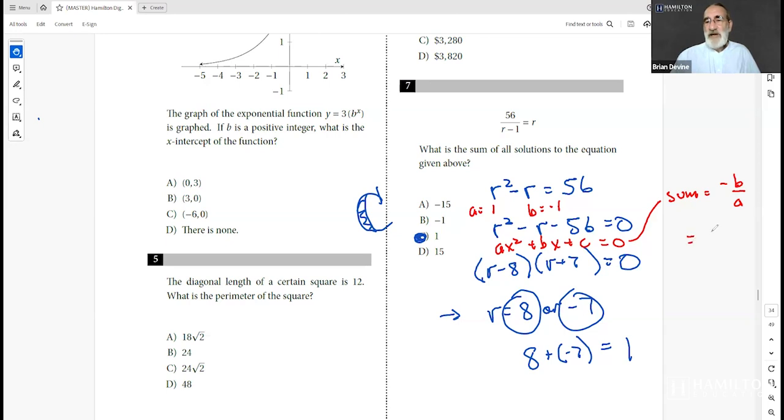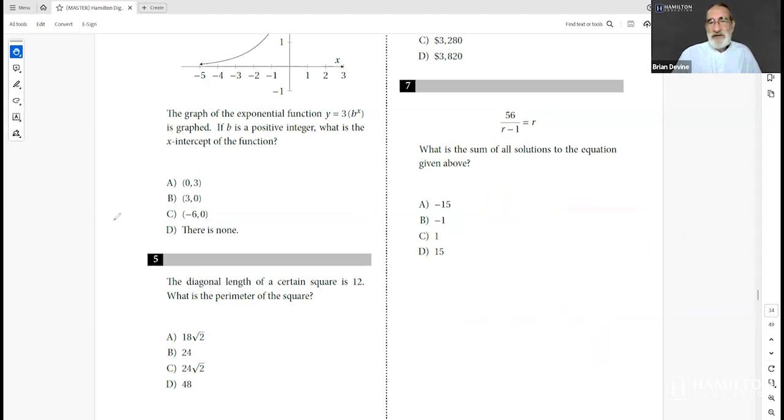And so that would be -(-1) over 1, which equals 1. And again, C is still your answer. So hard way, easy way, whichever way you did it. I mean, you could have graphed this thing and seen where the zeros are. That would have been another alternative way to utilize that calculating app that comes with every digital SAT test that you would be taking.